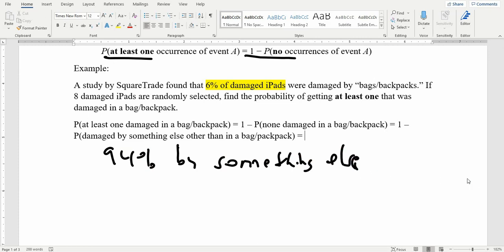And 94%, we won't use a decimal. So that's actually a probability: damaged by something else.